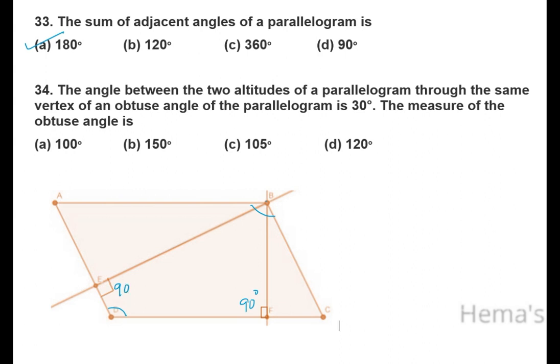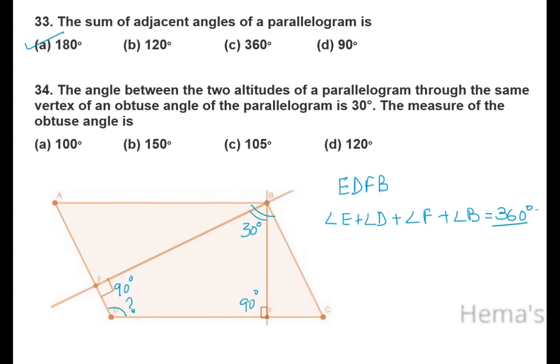These two are 90-degree angles, and it is given that the angle between the two altitudes is equal to 30 degrees. We have to find this angle. Now in quadrilateral EDFB, angle E plus angle D plus angle F plus angle B is equal to 360 degrees, right?